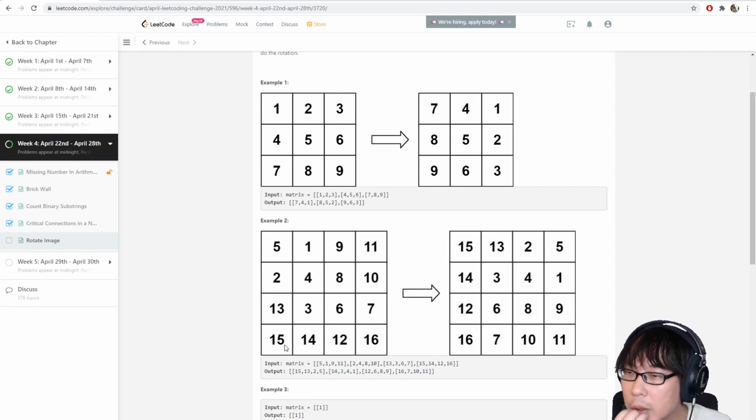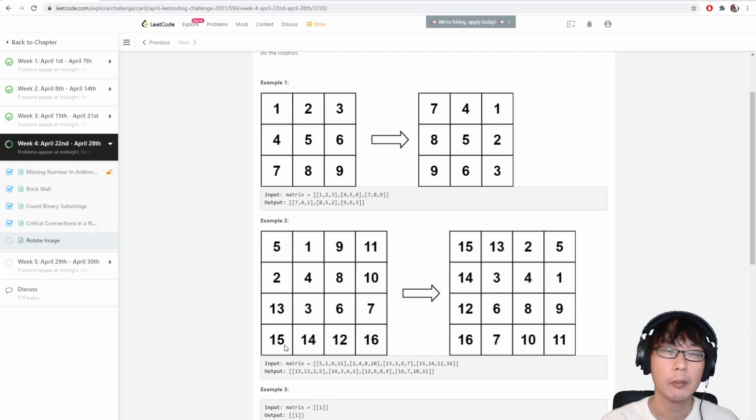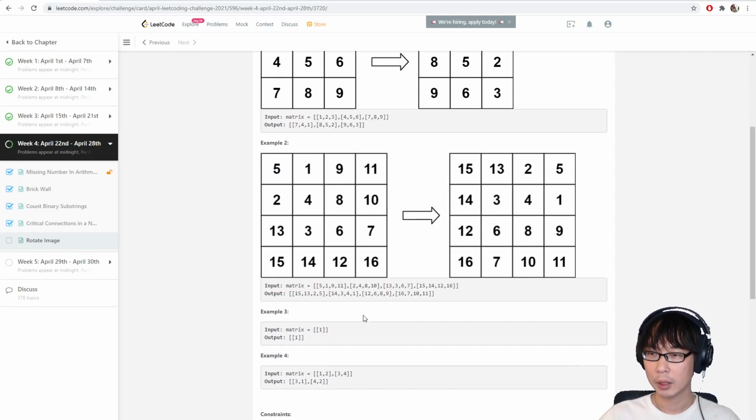Okay, is there a better way of doing this? If I would do it in place, can I only have one temporary integer when I am doing the swapping? Let's try it.